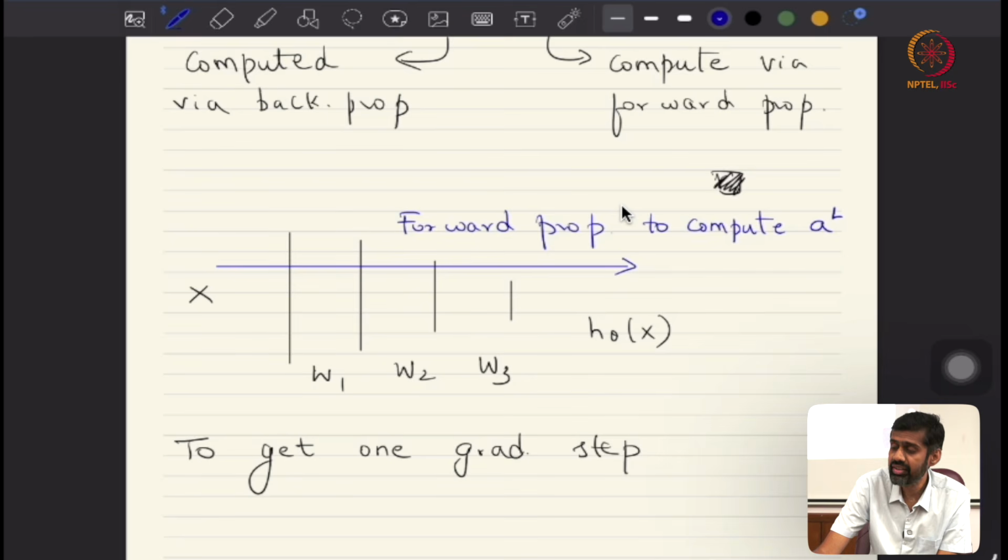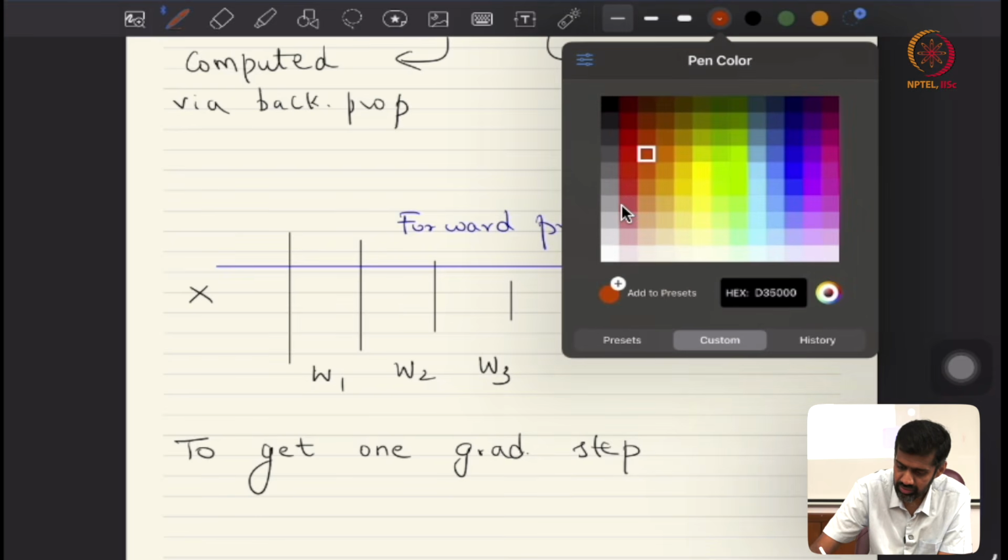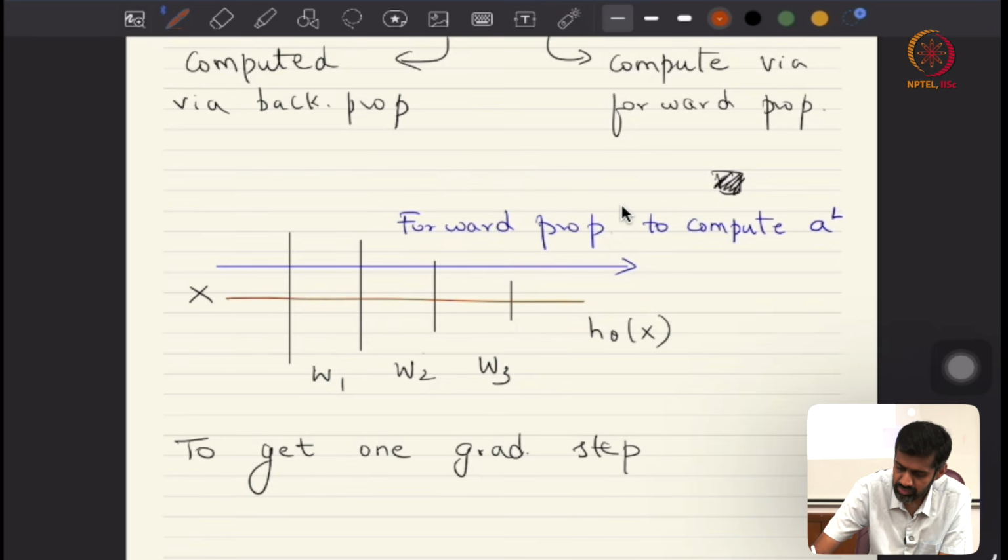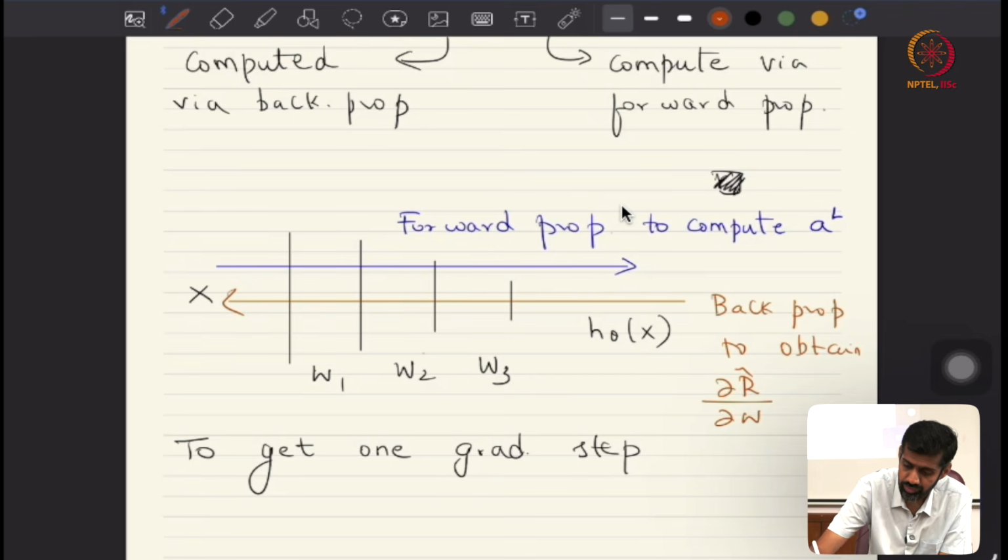So once you get this, do one step of backpropagation.